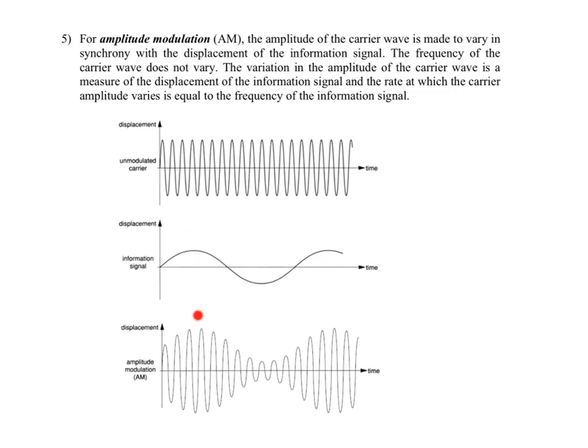Every time you have a peak, it's highest amplitude, trough, lowest amplitude, peak, highest amplitude. So what they're saying is the rate at which the carrier amplitude varies, that means how many times it varies from high to low to high in 1 second, depends on this frequency, how many times it changes from peak to trough to peak in 1 second.